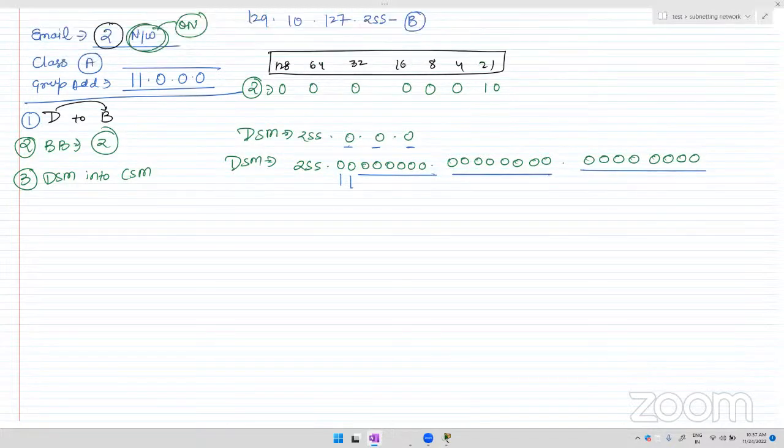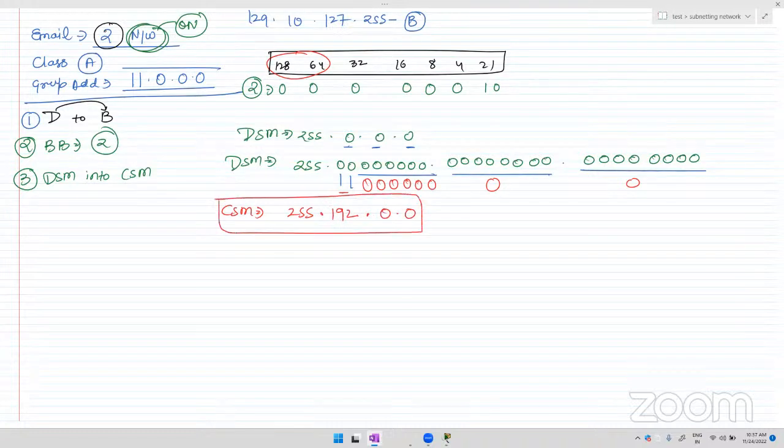Now it completes off. Now the subnet mask is 255 dot, and 2 bits on means this value plus... how many value comes out? 192 dot 0 0 0. So the subnet mask is ready, I think.